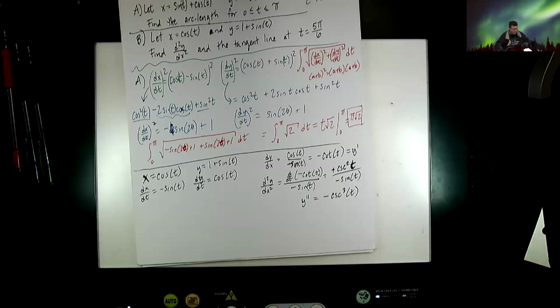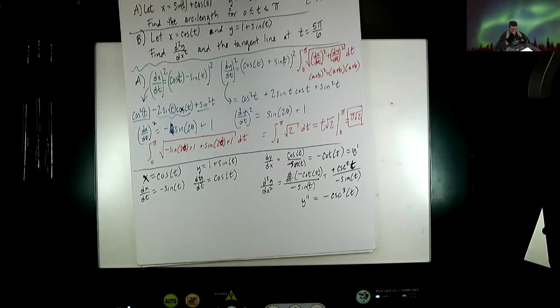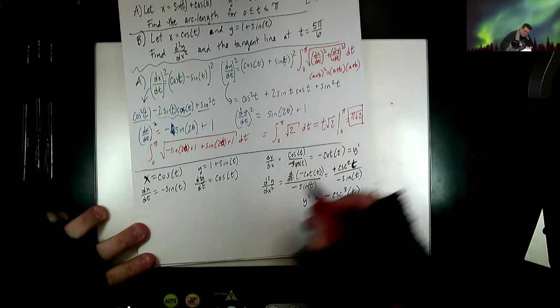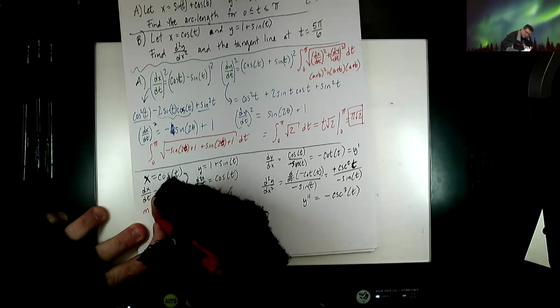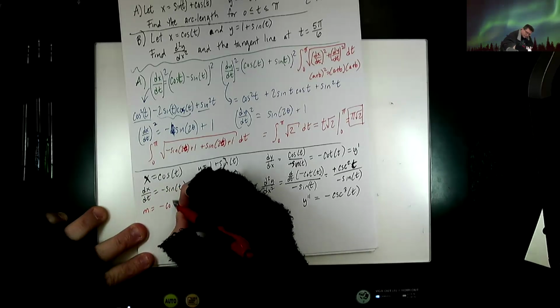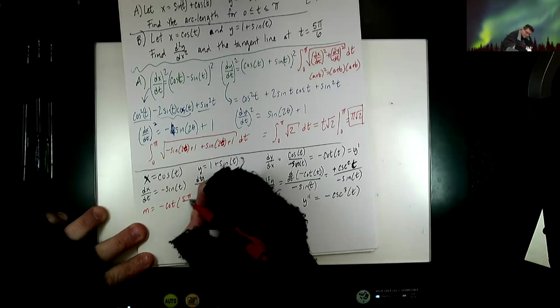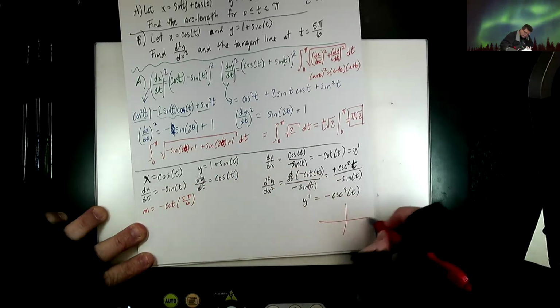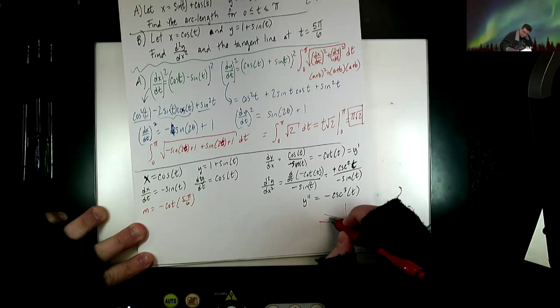And we want to find the tangent line at t equals 5 pi over 6. Well, we can plug 5 pi over 6 into dy dx. m equals negative cotangent of 5 pi over 6. That is 150 degrees, reference angle of 30.